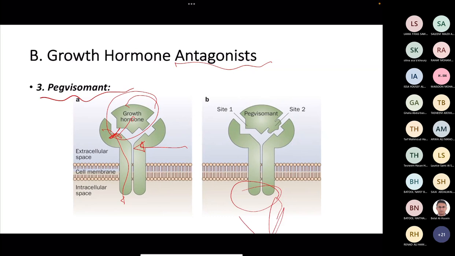So in pegvisomant, the side that attracts the second subunit has a change in it that doesn't attract a second subunit. So pegvisomant's mechanism of action, it doesn't lead to dimerization of the receptor and no effect happens. Okay.